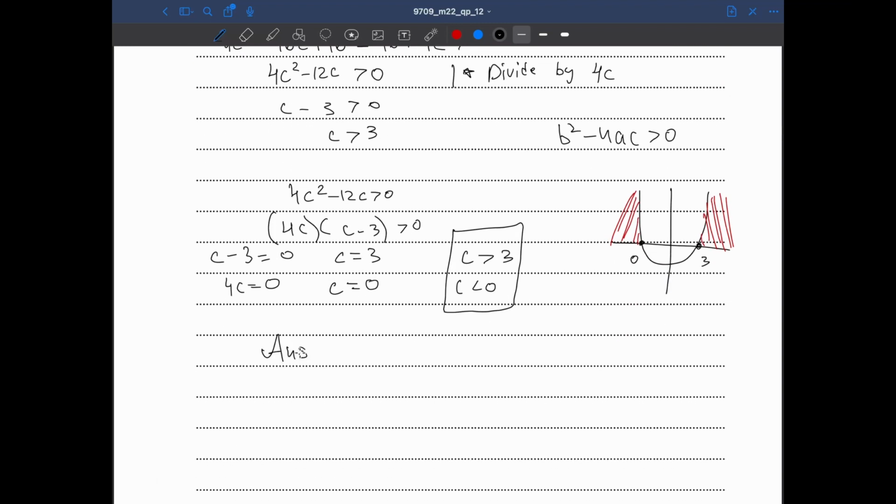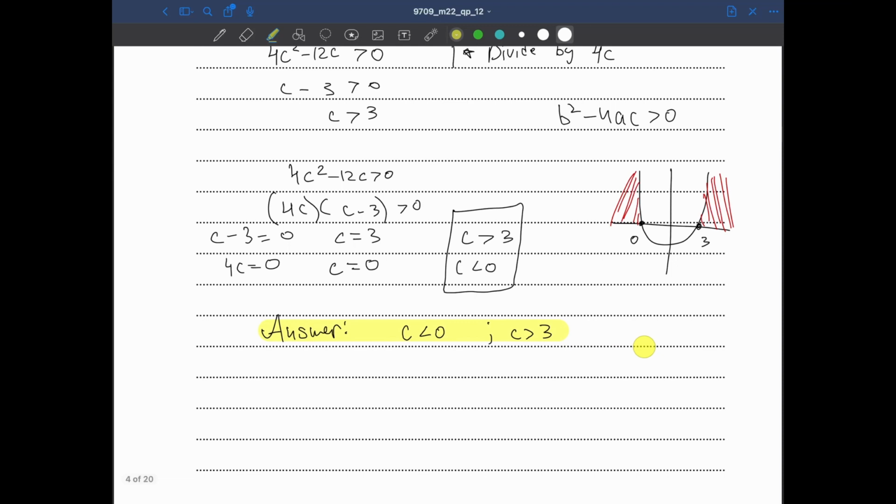So our answer is c less than 0, and then c greater than 3. So be very careful with this. A lot of people make a mistake and they lose 1 point. So don't be that person. All right. And let's confirm from the marking scheme. And yeah, indeed, that's the correct answer according to the marking scheme, or the mark scheme, how you call it.